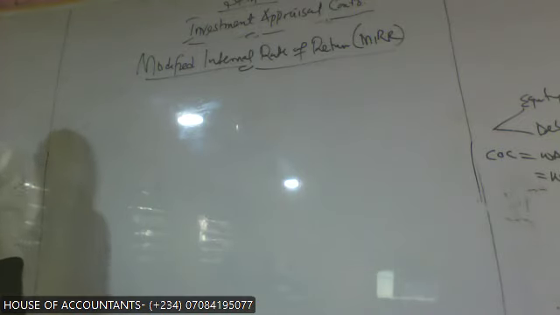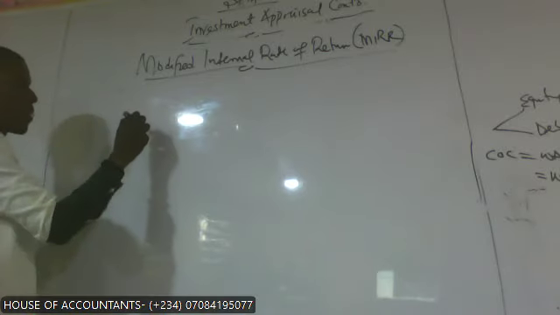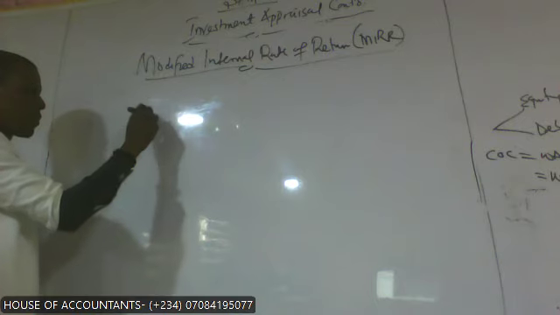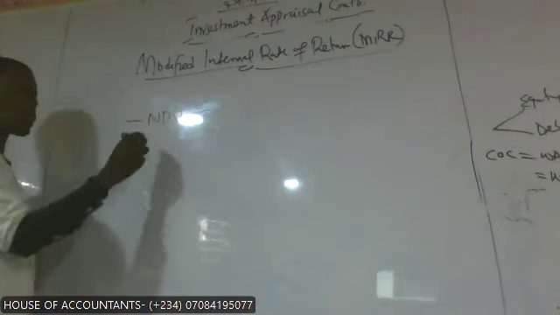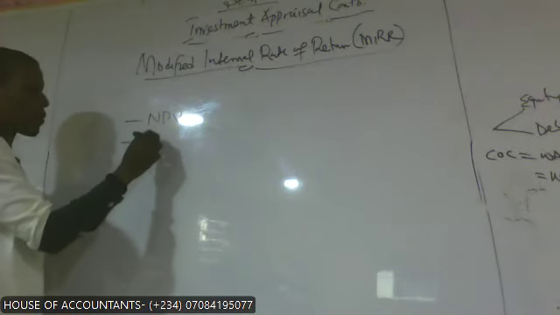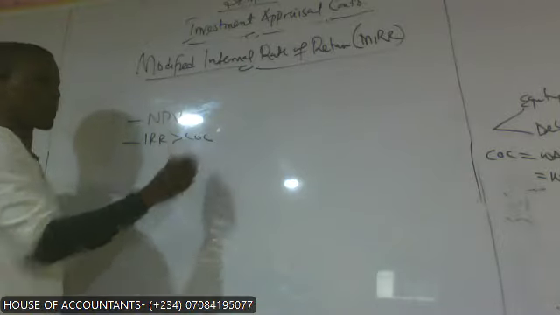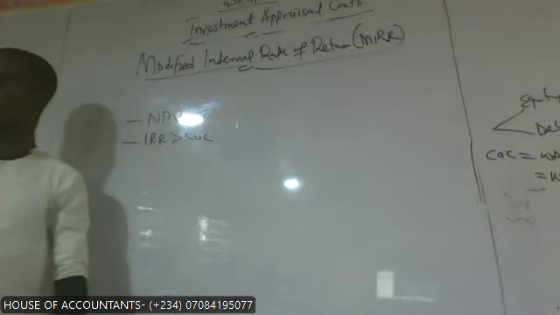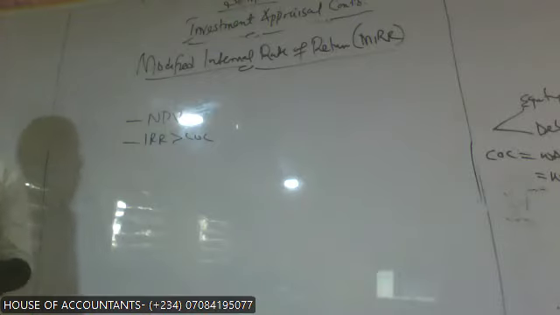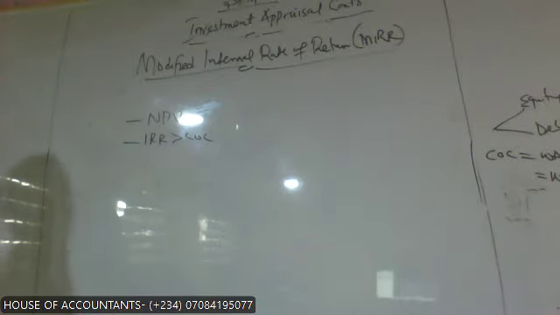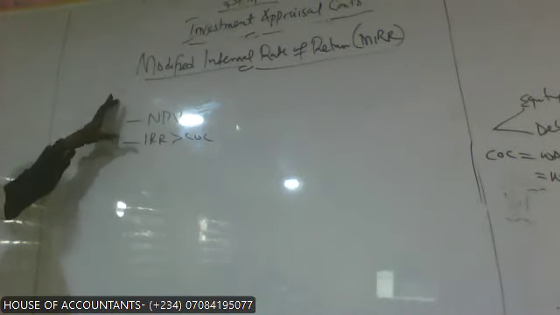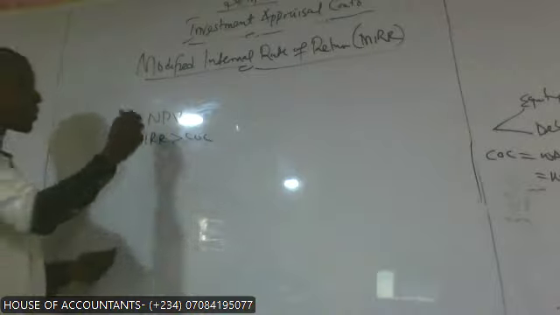Now on that basis, I should make a recommendation. Take for instance that NPV is positive for that project, and internal rate of return for that project is greater than cost of capital. On the basis of these two, which of them will you recommend and why? We are looking at the project. The NPV for that project is positive.